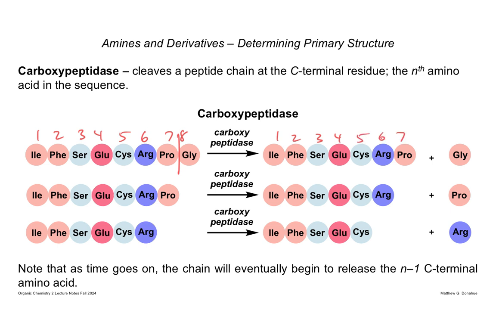And then that 7 amino acid fragment is now going to undergo the same reaction with carboxypeptidase to cleave off the proline. And then for the 6, we cleave off the arginine.